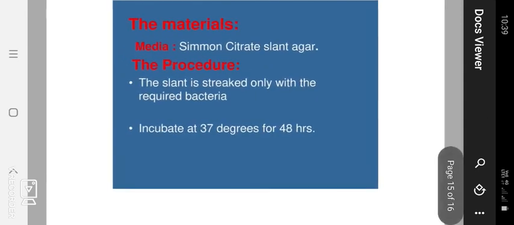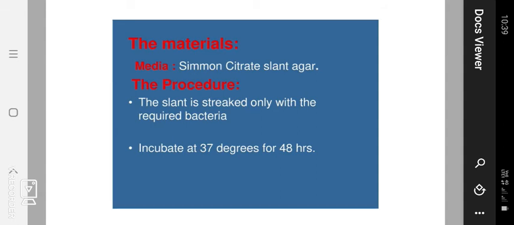This is the procedure. Materials and methods required: the media, Simmons citrate slant agar. How to proceed with the practical? The slant is streaked only with the required bacteria. After that, incubate at 37 degrees for 48 hours.